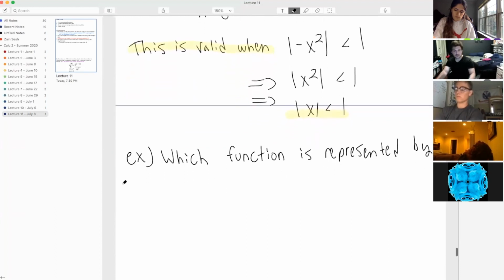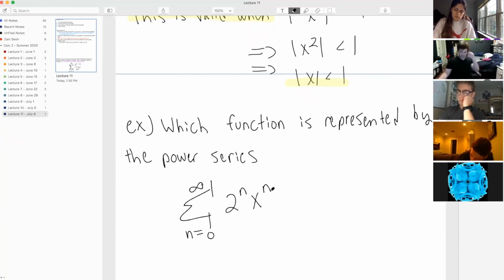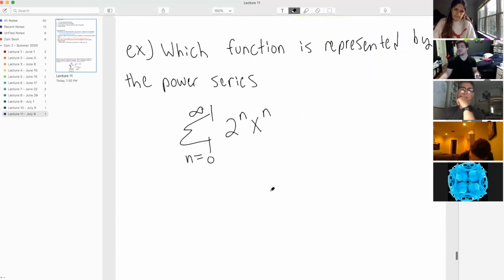Which function is represented by the power series: sum from n equals 0 to infinity, 2 to the n multiplied by x to the n. Okay. All right. So all you need to do here is just rewrite it as a geometric series.